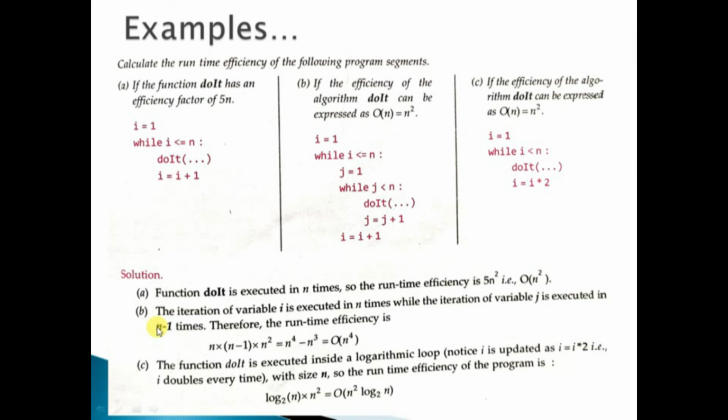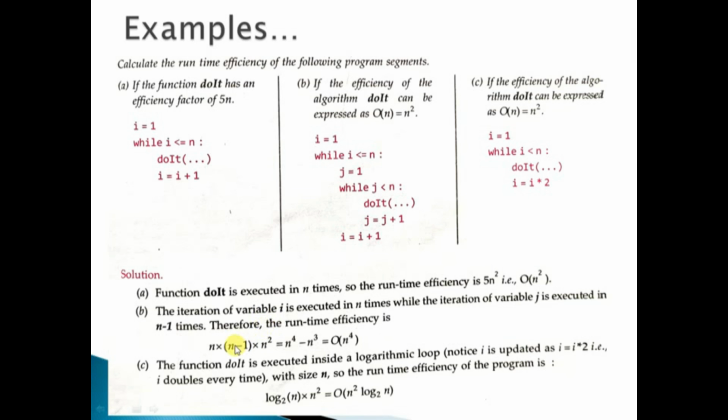Next we have this B part. Here we are taking that doIt requires n square time complexity. So here we have one loop, then we have a second loop, and inside this we have the doIt function which requires n square operations. So what will be the time complexity? It will be n square, the most dominant term, and it is inside this loop where j is less than i, so it will run n minus 1 times.